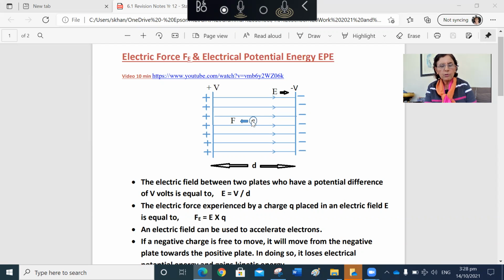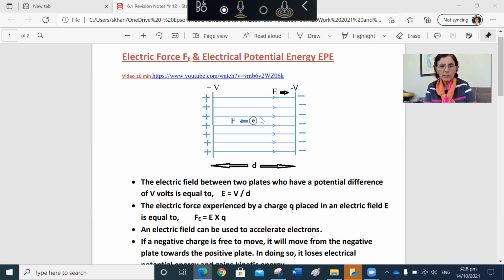If it is free to move, it will move towards this positive plate, gaining speed. It will be accelerating because whenever there is an unbalanced force, there will be an acceleration. So its speed will be increasing, or in other words, its kinetic energy will be increasing.